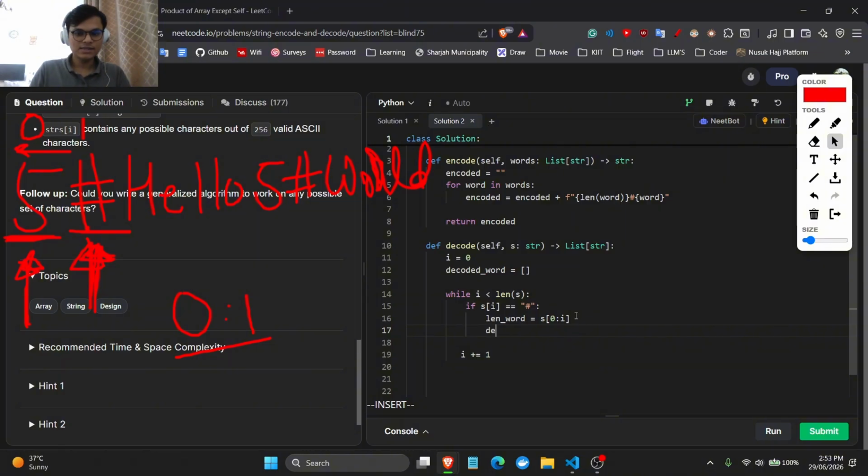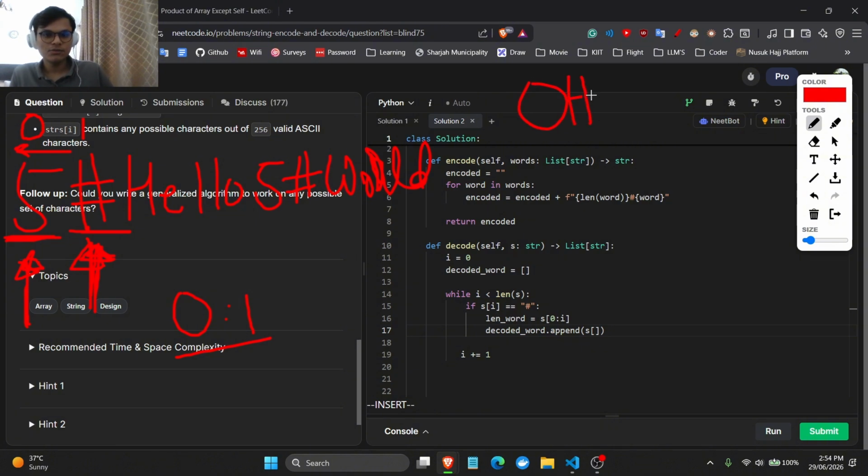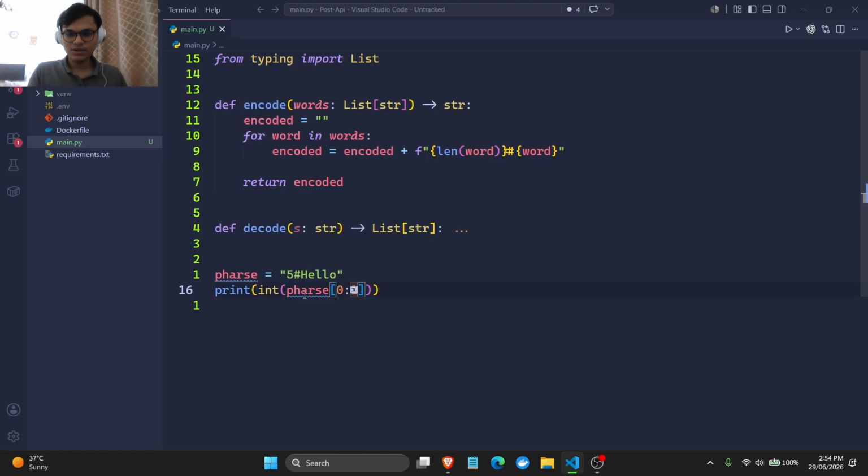And then I can say decoded word dot append, and what can I append? So I have to append, because I know after the pound symbol, zero pound, how will that work? Yeah, I actually want to see.